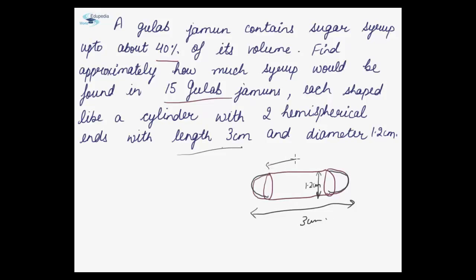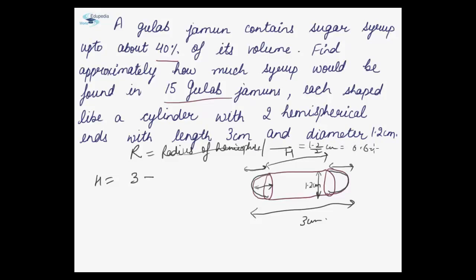So the length or the height of the cylinder, if denoted by h, will be 3 minus this part and this part. Now either of this length is just the radius of the hemisphere, and radius of hemisphere is equal to radius of cylinder also, which will be 1.2 by 2 centimeters, that is 0.6 centimeters.